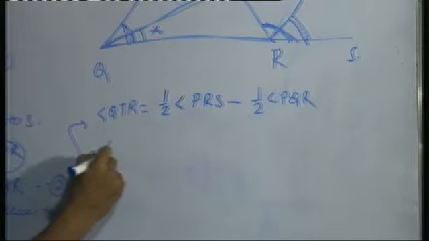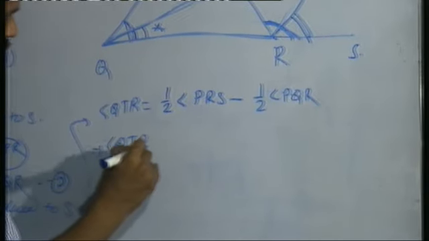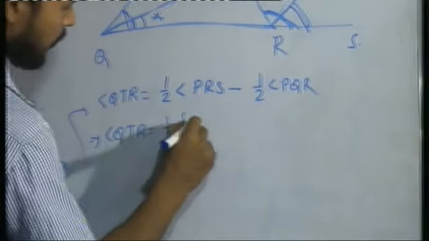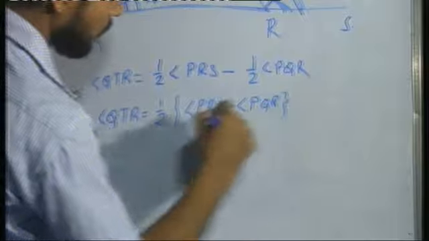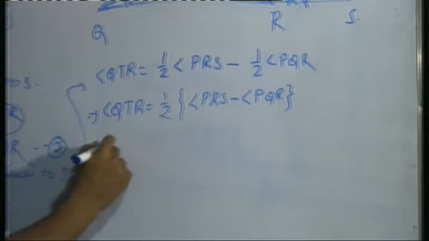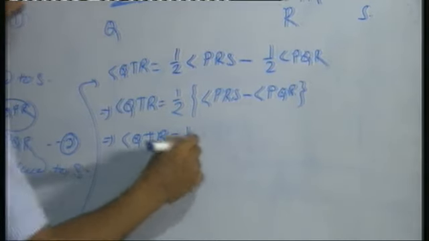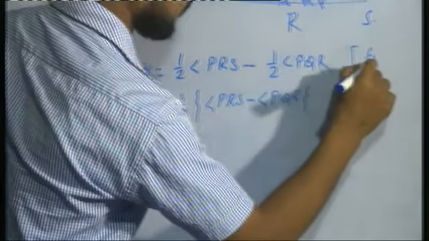So we can take half common, and angle QTR is equal to half of angle PRS minus angle PQR. This is from 1.